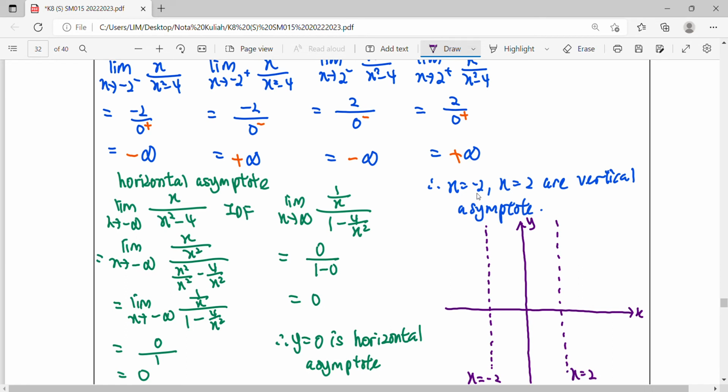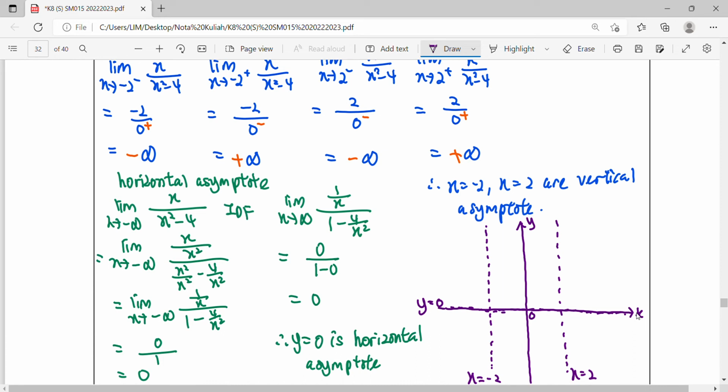And then y equals to 0, which coincides with the x-axis. But you have to label this as y equals to 0 horizontal asymptote. Label the origin.